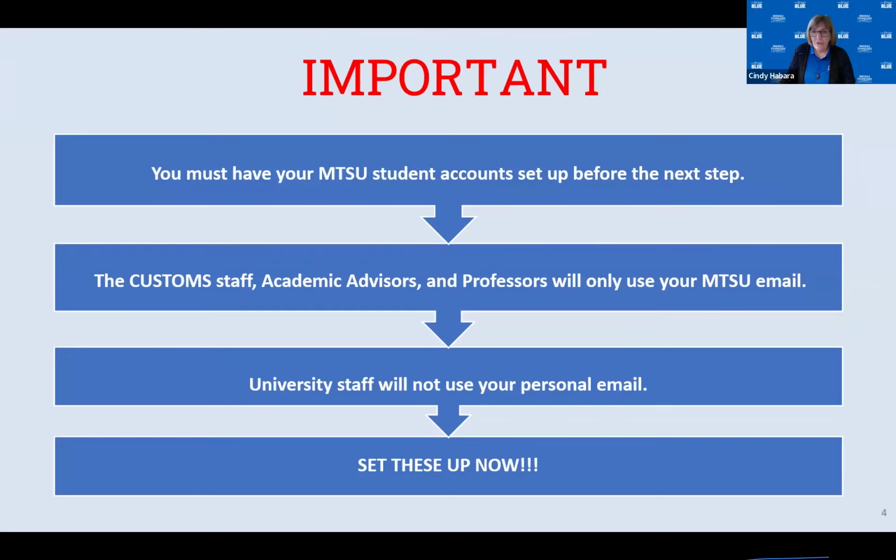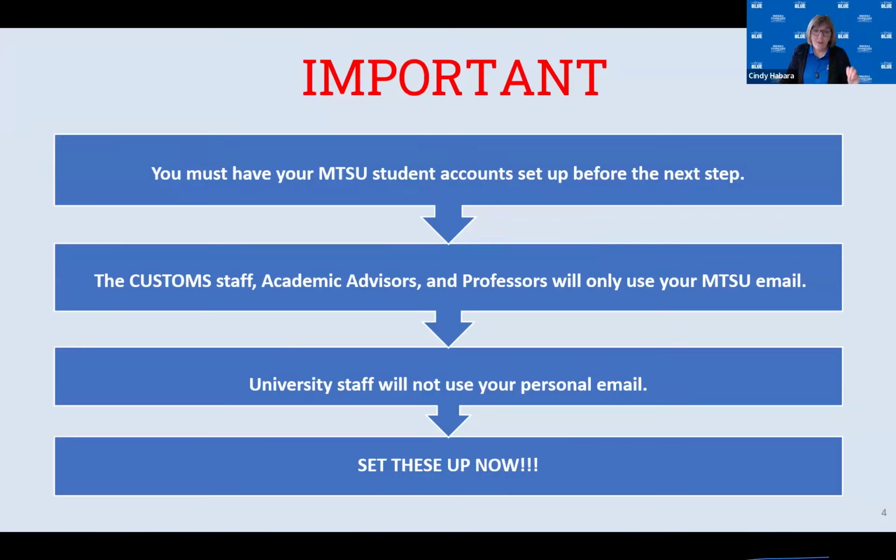So if we send it to either email and you do not see that email, that is up to you. So you need to make sure you are monitoring both accounts. Many students connect those two accounts on their phones. Your MTSU email is your primary source of information from the university, from any office, from your academic advisor.